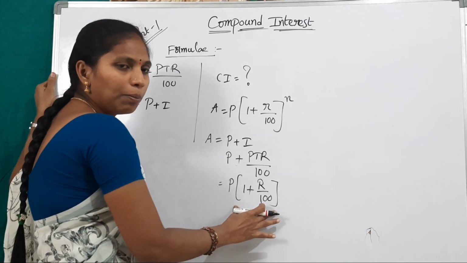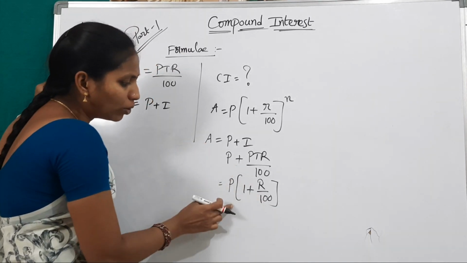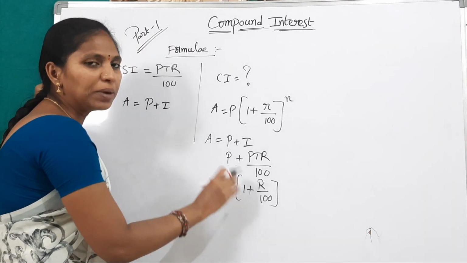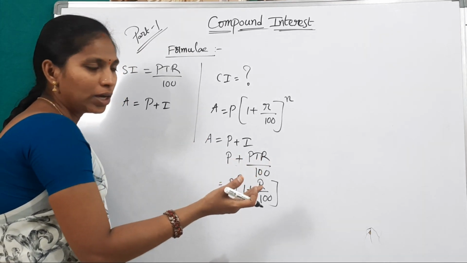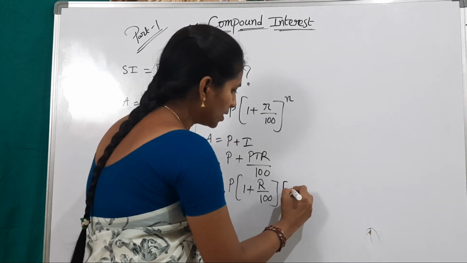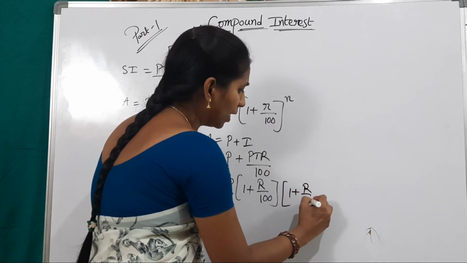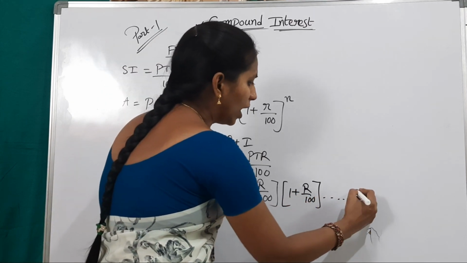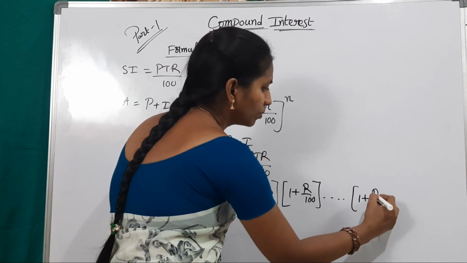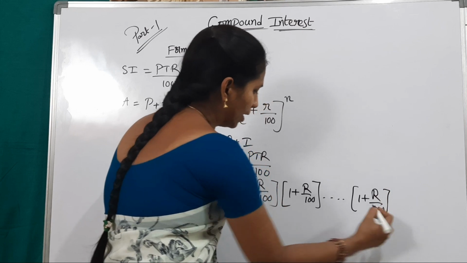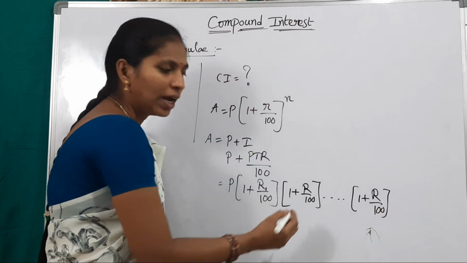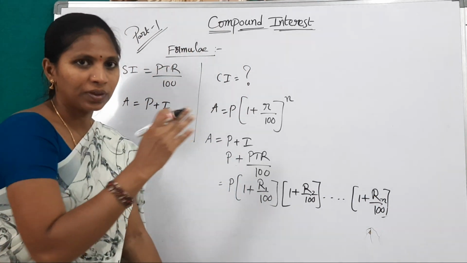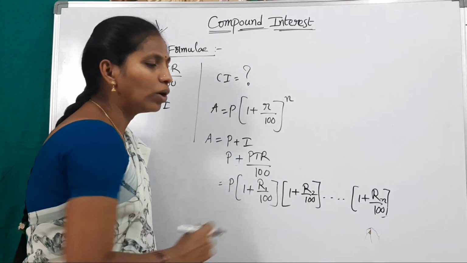In the case of compound interest, the amount of the first year is the principal for the second year. The amount after the second year is again 1 plus R by 100 for 2 years, and so on up to N. This is for the first year and this is for the second year, and so on up to N years. This is the amount formula.